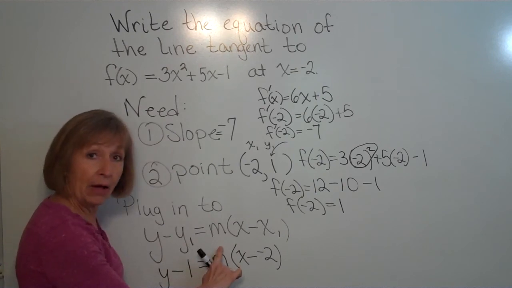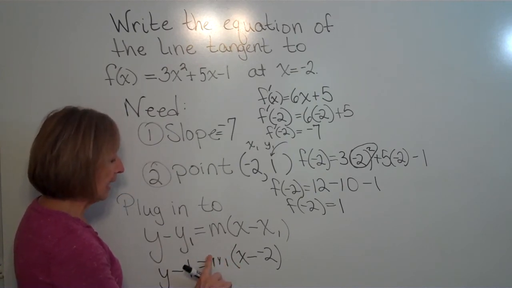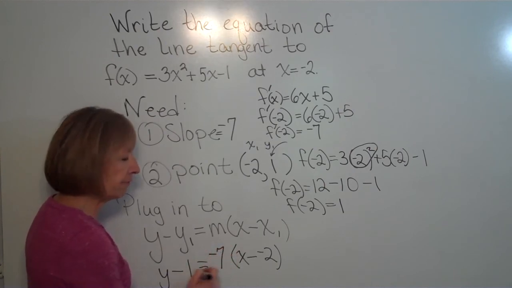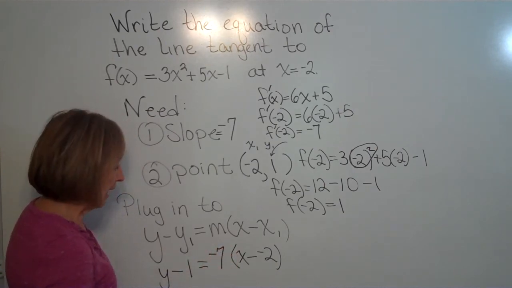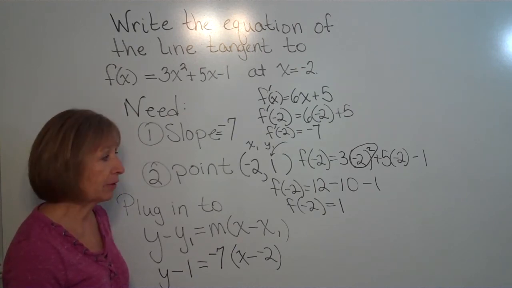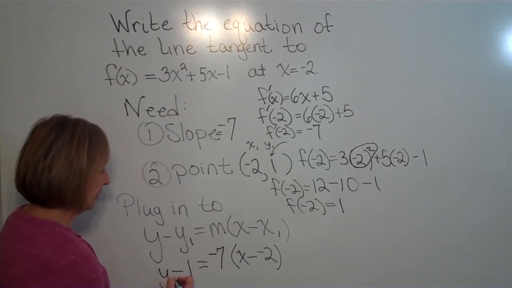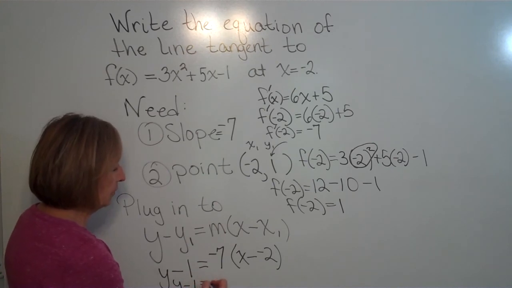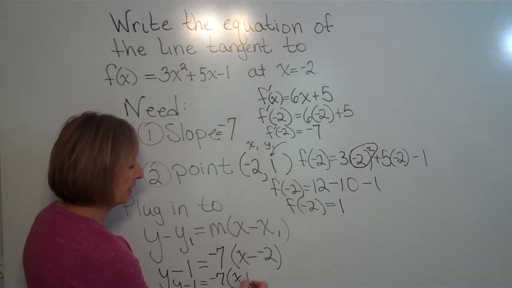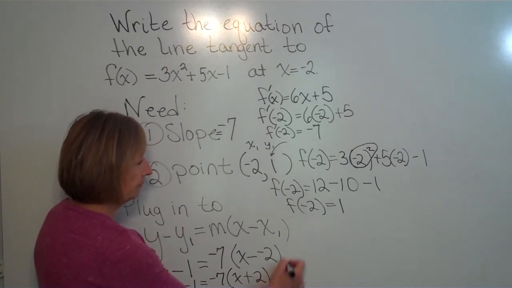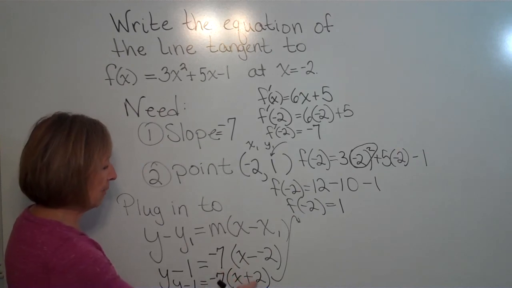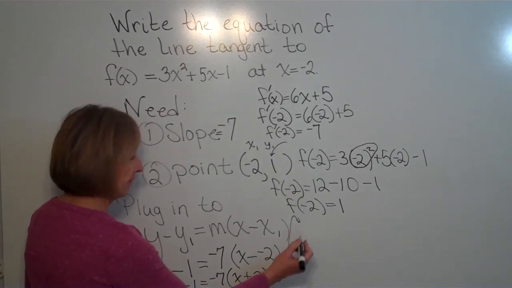And now I can come down to my point slope form and I can put our negative 7 slope in for the m. And then all I need to do is rewrite this equation to put it in the final form to report it. So this is y minus 1 is equal to negative 7 times x, and then minus the negative is plus 2. So then negative 7x minus 14 when I distribute the negative 7.